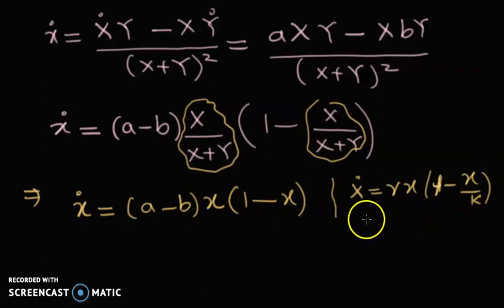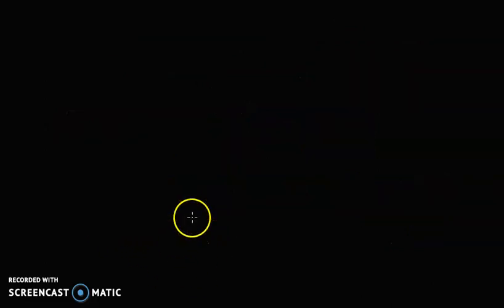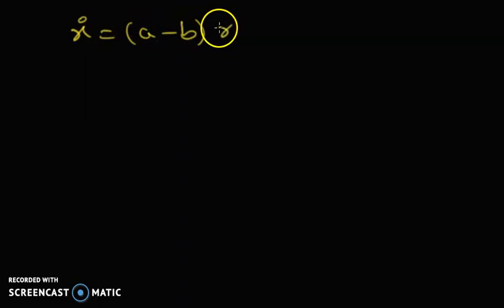So if we define r to be a minus b, which is positive, and k to be 1, then this is nothing but the logistic population growth model. So let me write precisely. We are left with x dot equal to a minus b times x times 1 minus x.